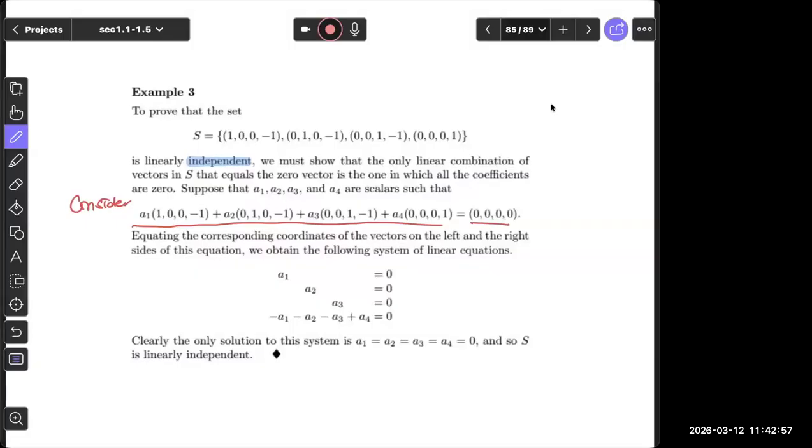And then if you can show that the trivial solution is the only solution for this problem, then the given vectors will be linearly independent. So in that case, these vectors will be independent.